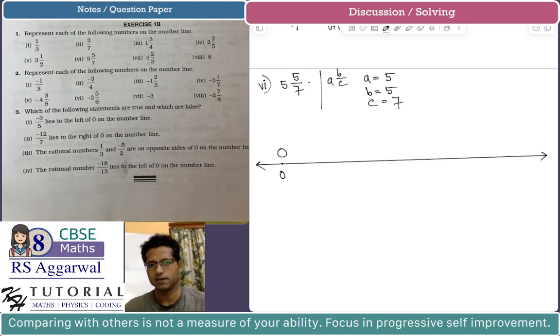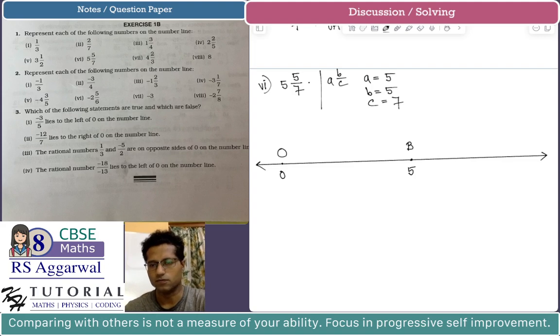Because the whole part A is 5. This point B represents the integer 5, since 5 is the whole part of the mixed fraction 5 and 5/7.